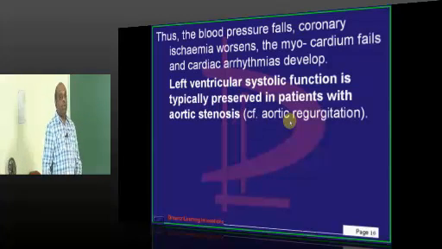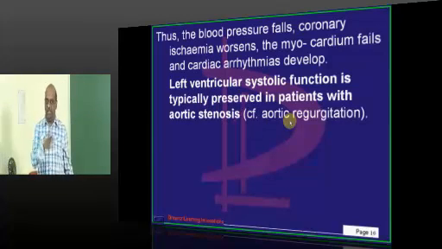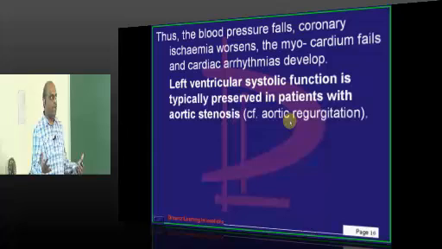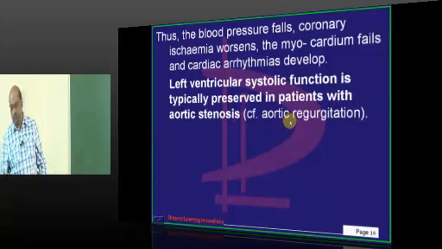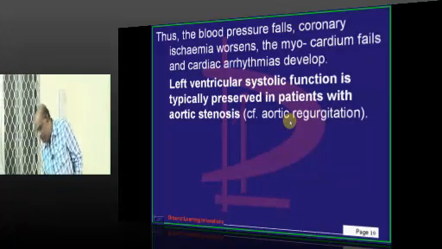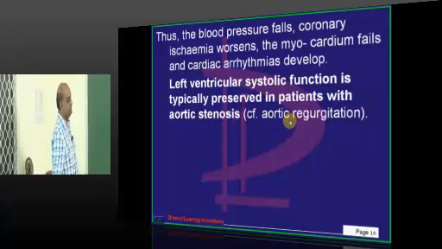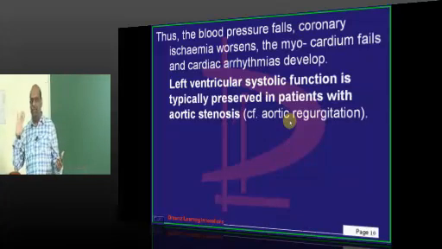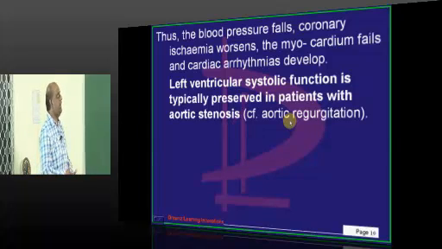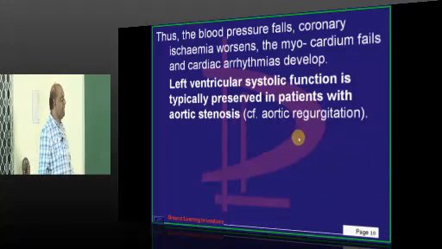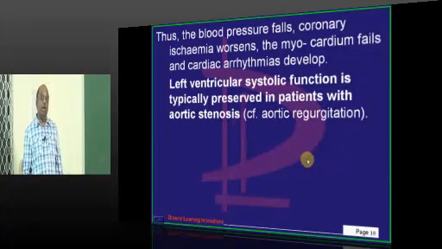Now if you look at the left ventricular systolic function, the left ventricle is like a strong army. You don't expect a failure in an Olympic game. Like a gladiator, it will fight. So left ventricular systolic function is preserved for a longer period of time in aortic stenosis.